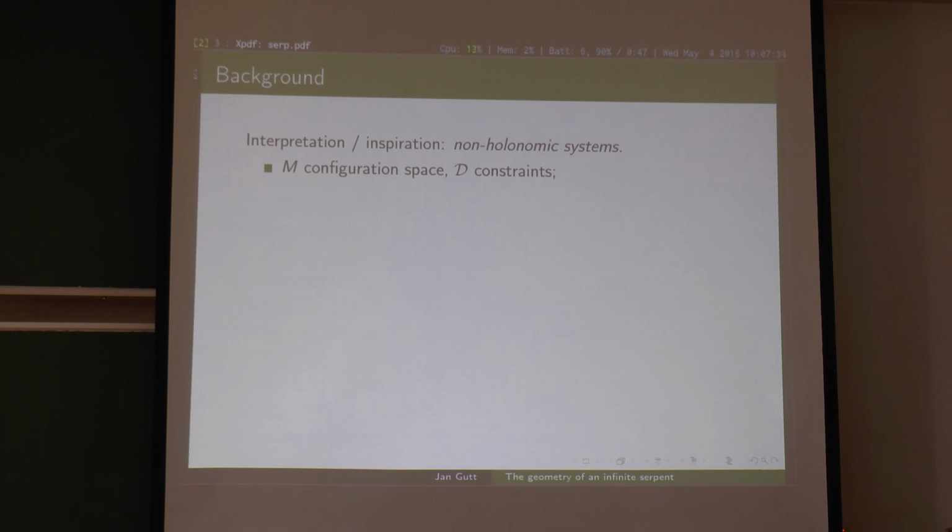The distribution D gives us some constraints on the possible trajectories of the system in its configuration space. So, well, for example, if you define some Lagrangian on the tangent bundle to M, you can view this as some non-holonomic mechanical system, and you can ask about its evolution.